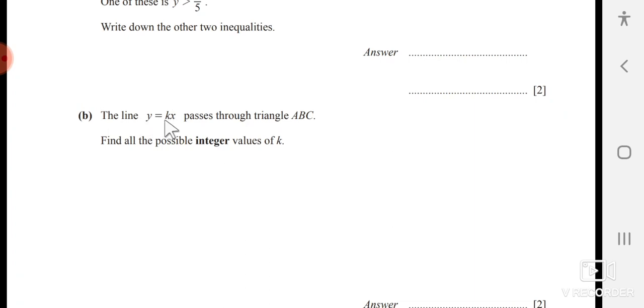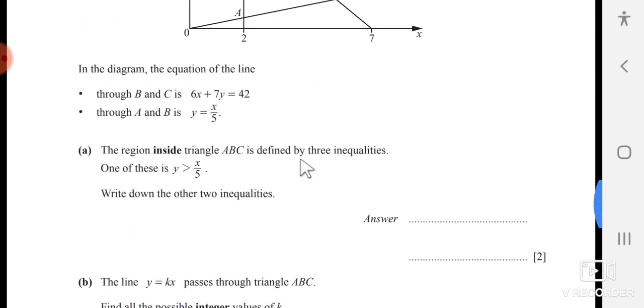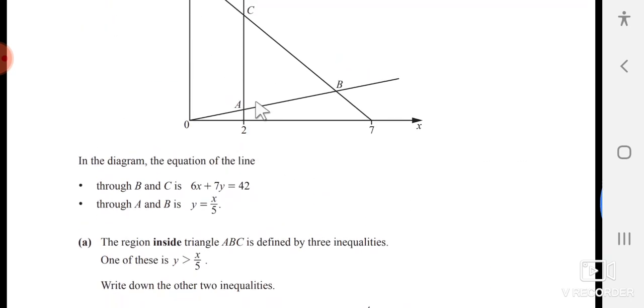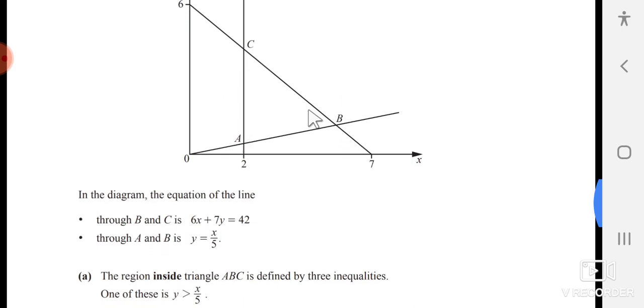The line y is equal to kx passes through the triangle ABC. Find all possible integer values of k. It's very simple. First, you can find the value where x is 2, and if you take your line AB, you can easily find the value of y there. So you have the coordinates of A, and in the same way you can find the coordinates of this by using x is equal to 2 in the line BC.